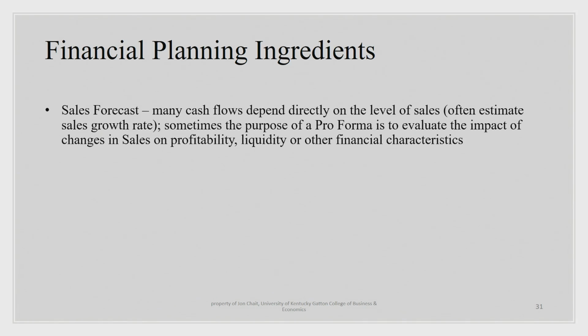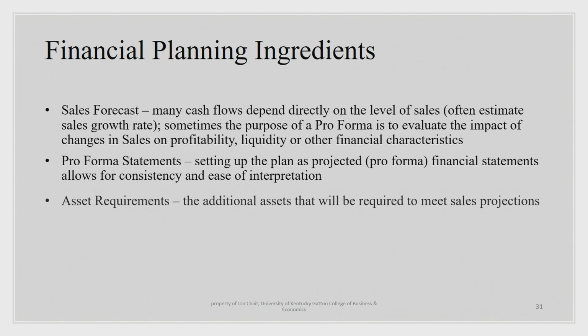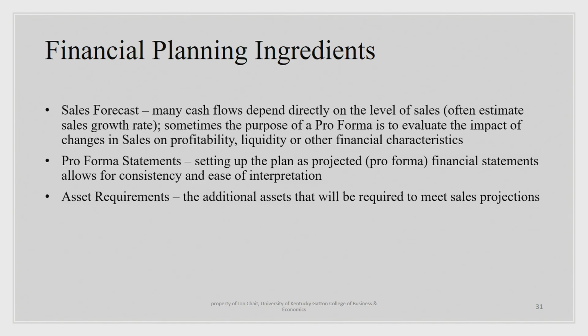When we look at financial planning, we think about the sales forecast, which I've been telling you about. We set up pro forma financial statements. If we start with sales, we sometimes will think about what additional assets we need.